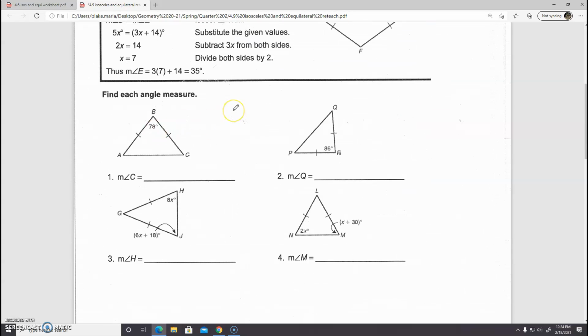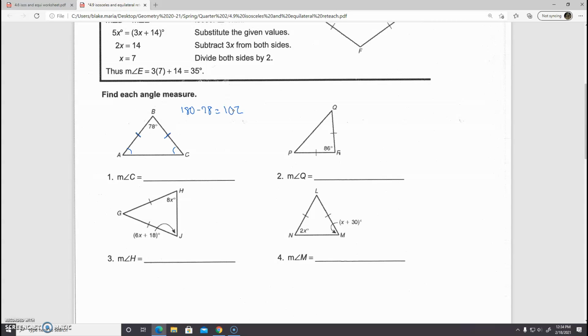So let's look in here. We see that it's isosceles because we have two congruent sides. So again, across from them, we know angle C should be the same as angle A. Well, how many degrees do we have in a triangle? We have 180. We're going to subtract out the 78 we already used, and we're left with 102 degrees.